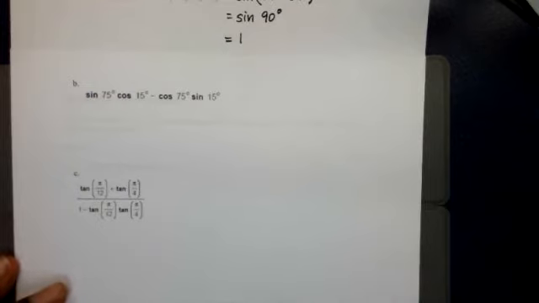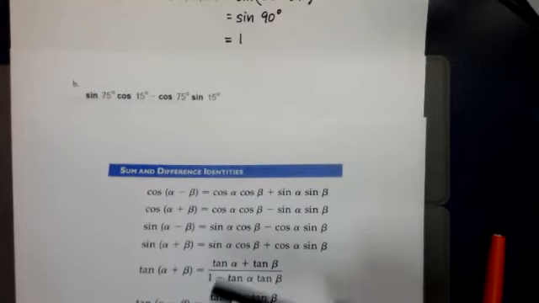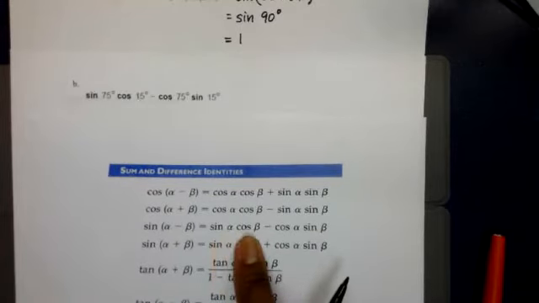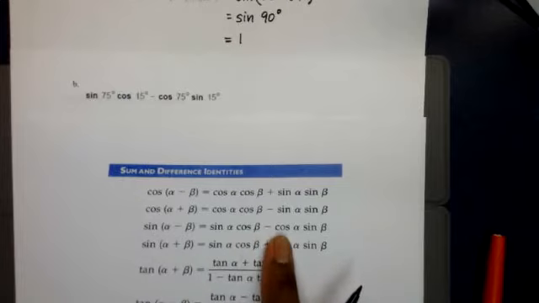All right, part B. Sine of 75 degrees cosine of 75 degrees, minus cosine 75 degrees sine of 15 degrees. Going back to these sum and difference identities, we have the sine times the cosine, and then minus cosine times the sine.